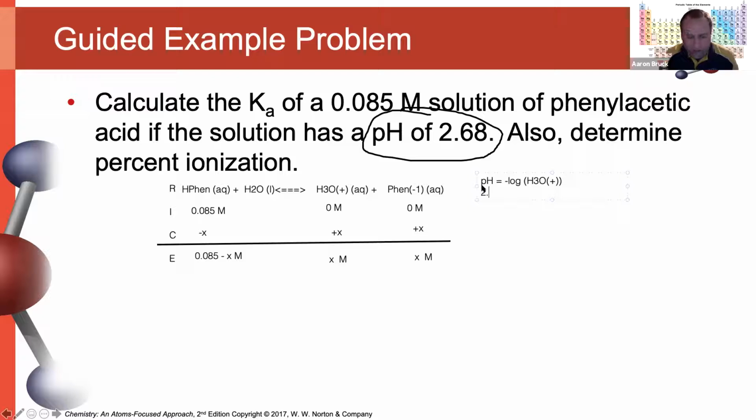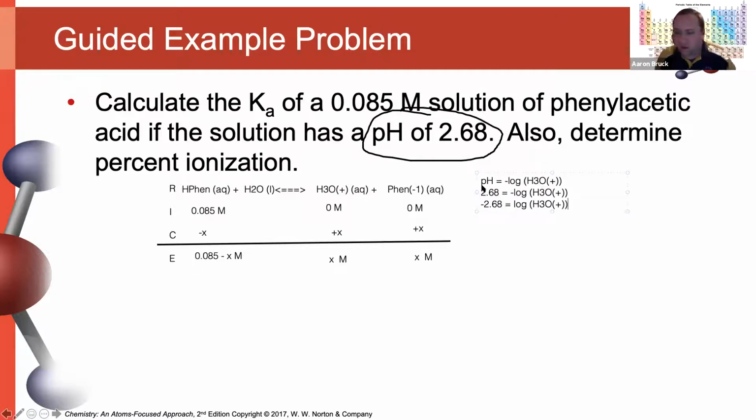So with a pH of 2.68, I can figure out the concentration of that hydronium ion by first moving that negative over. And then to get rid of the logarithm, we are going to need to take the antilog.